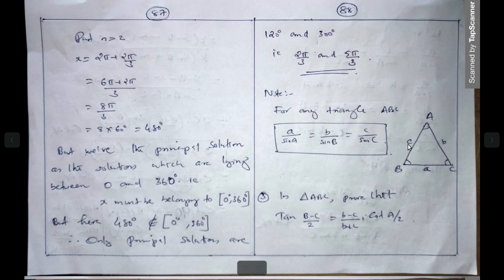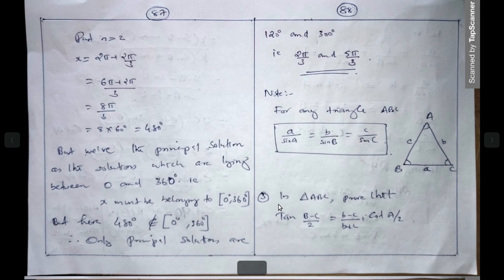Similarly, the side just opposite to capital B is small b, where capital B is the angle and small b is the side. So for any triangle this ratio will be satisfied: a by sin A equals b by sin B equals c by sin C. Its proof is avoided here; you just learn this concept.